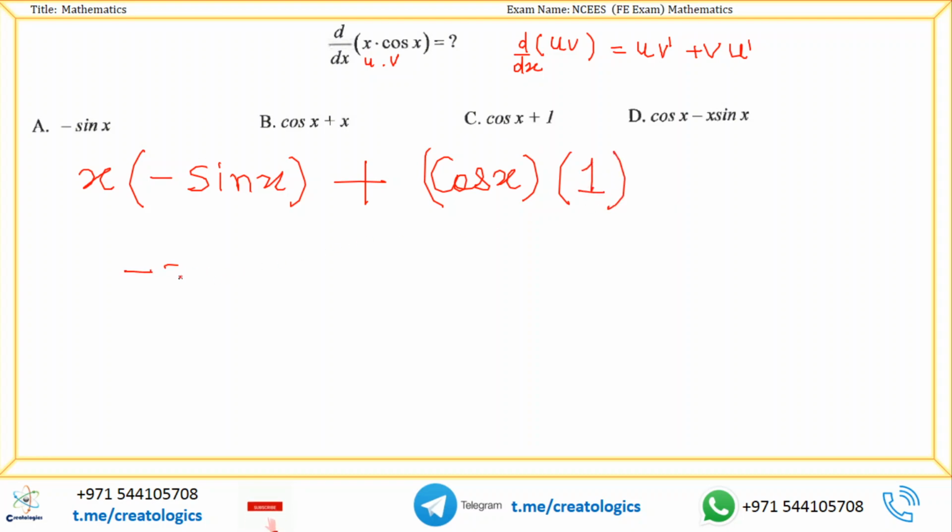You are getting negative x sine x plus cosine x. Which one is correct? Obviously option D is the most correct choice, right? So that's your answer. See, you have to use the product rule to get your answer in this question, right? And you got your value. Now let us move to the next question.